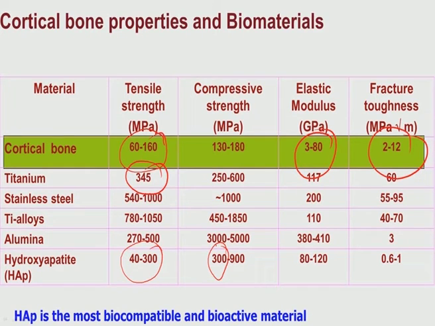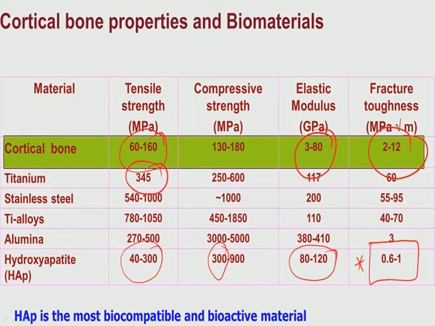Elastic modulus of hydroxyapatite, and for that matter any ceramic material, can be very high, like 120 gigapascal for example in hydroxyapatite. However, the major problem with hydroxyapatite-like ceramics is poor fracture toughness, like 0.6 to 1 MPa square root meter.